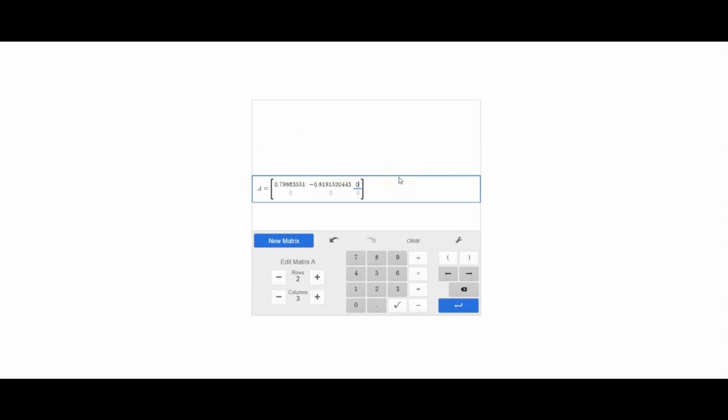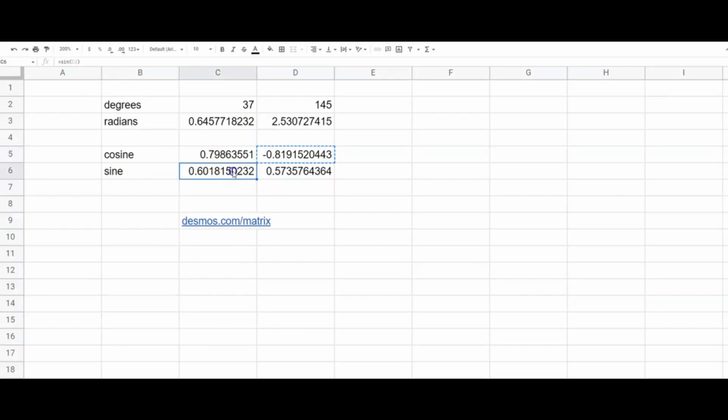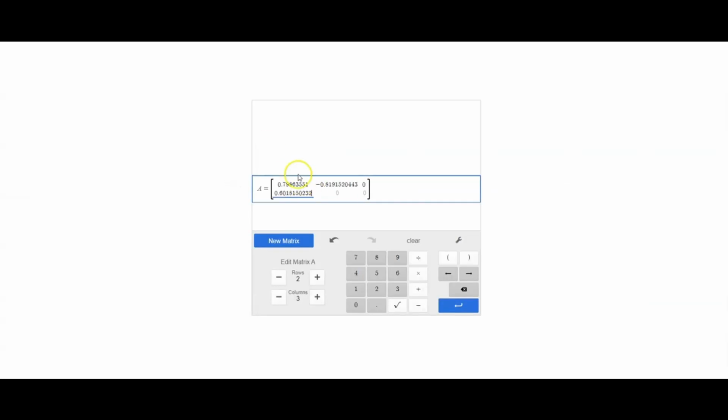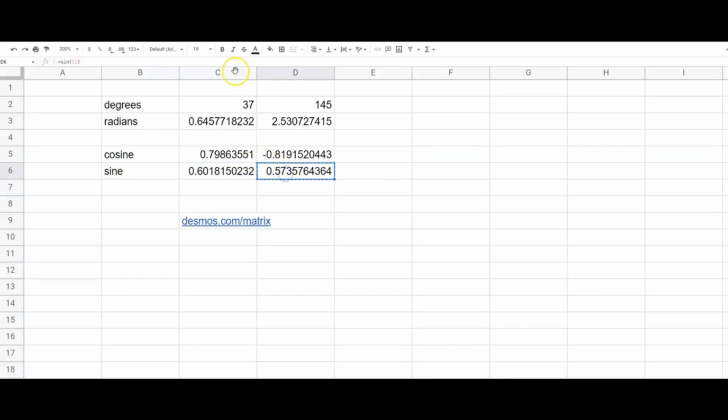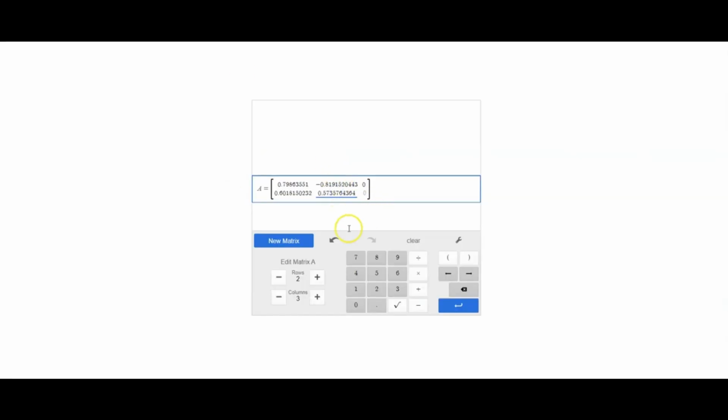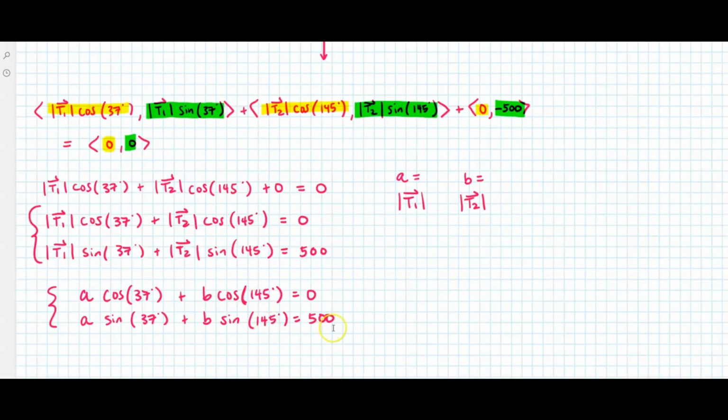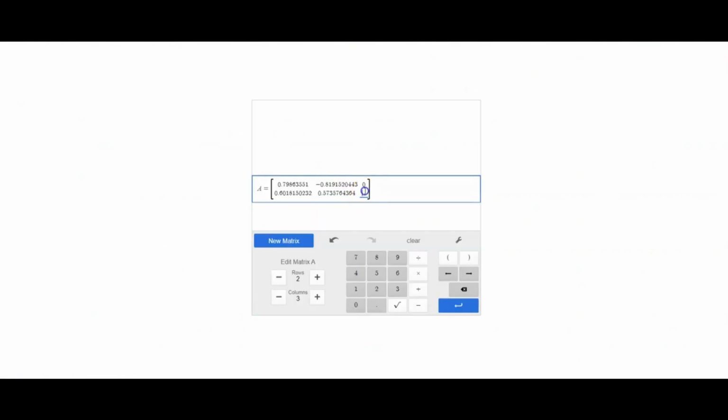I want the last one to be 0, since that's what my equation had. And if you'll notice back here, the second equation was equal to 500. So I'm going to set this value equal to 500.